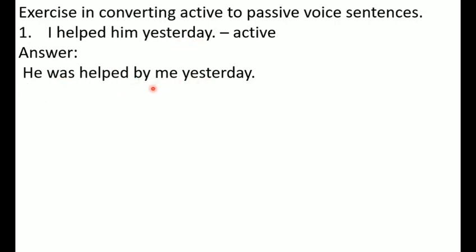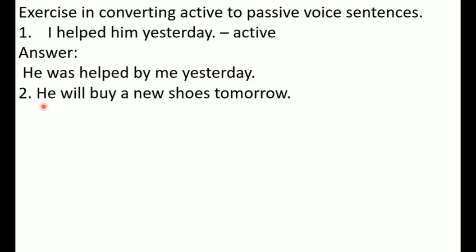Okay. Number 2. He will buy a new shoes tomorrow. This is active. Now to transform this, first we need to ask the question what? He will buy what? The answer is a new shoes. So, a new shoes is our direct object. Dahil ito ang ating direct object, ito rin ang magiging subject natin sa passive voice. So, it's going to be like this.